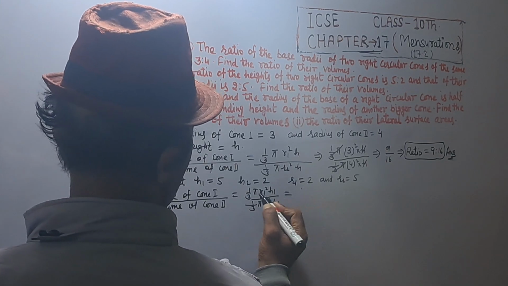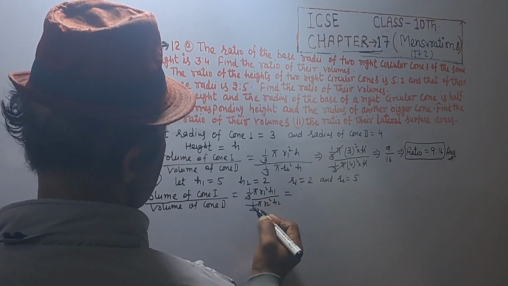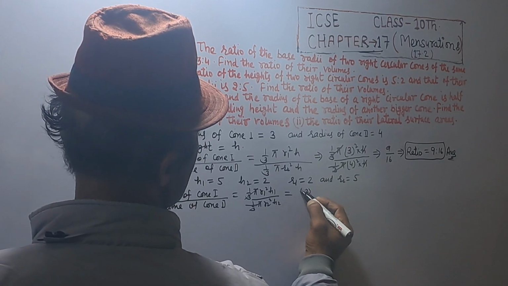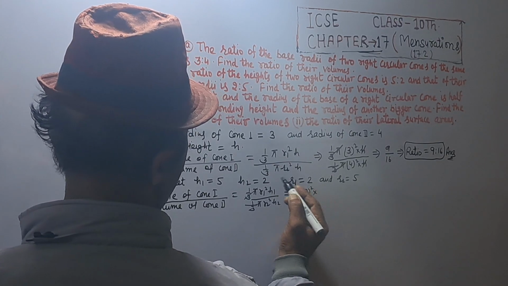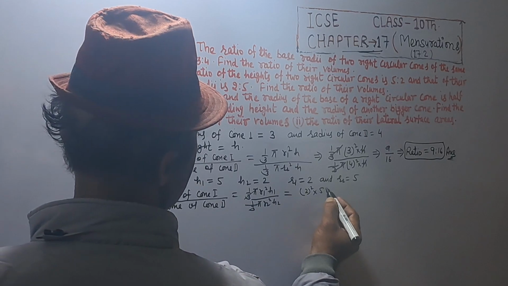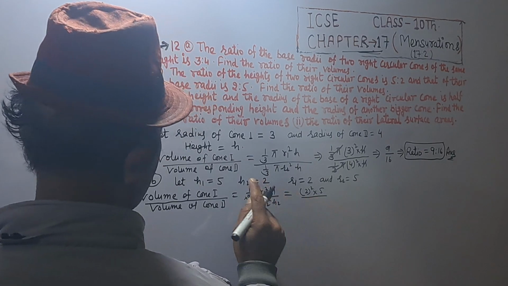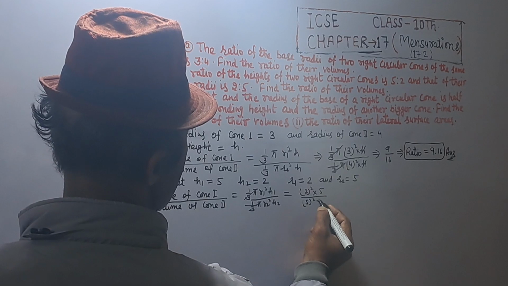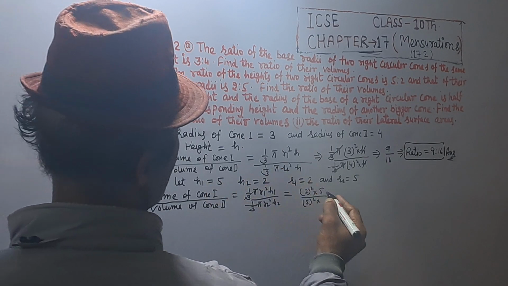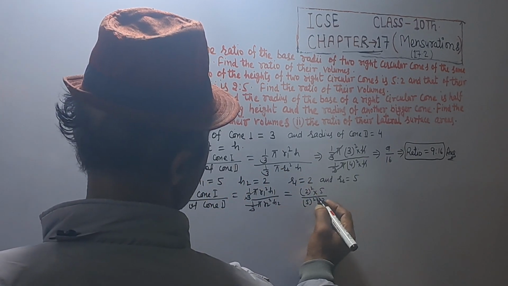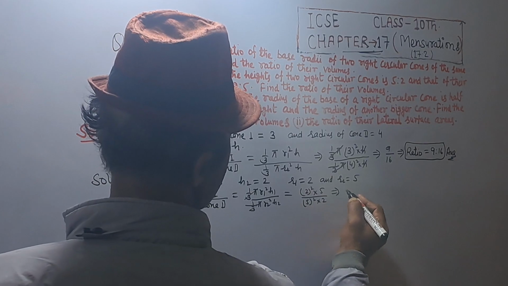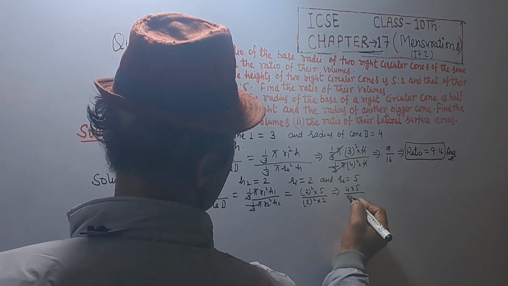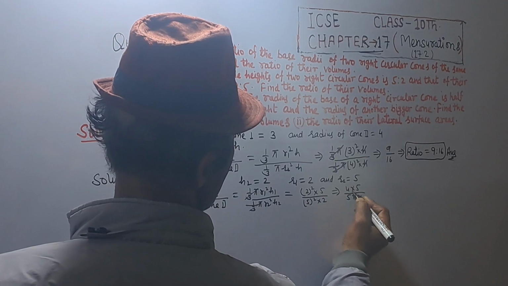That is 1/3 pi is cancelled and r1 square, that is 2 square into h1 is 5 divided by r2, that is 5 square into h2 is 2, which implies 4 into 5 upon 5 into 2.